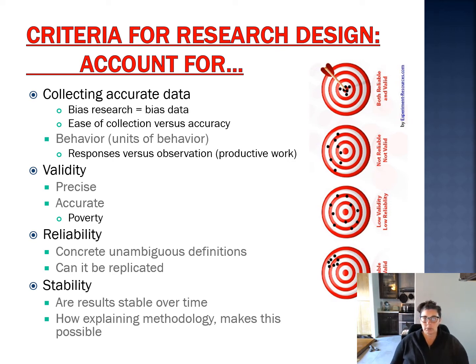So that's probably one of the most challenging things, especially with longitudinal research, is stability. Are the results stable over time, right? So you want to, as well, when you're doing research, one more time, explain not just your questions and answers, but have a concrete, clear outline of how you're collecting your research so that you account for stability over time in terms of how someone else might be able to replicate your research.